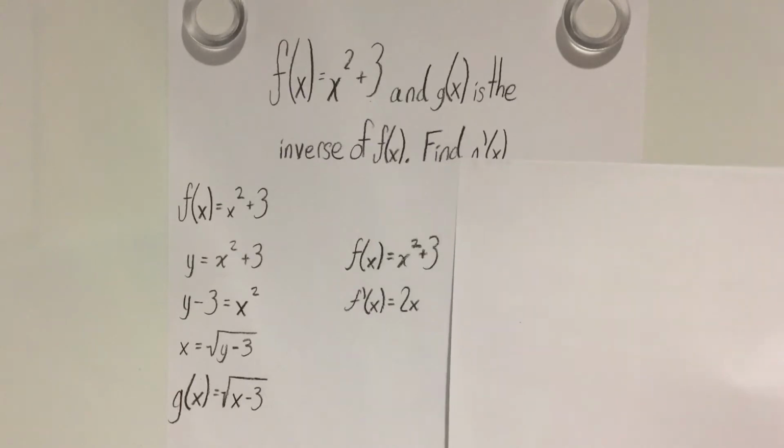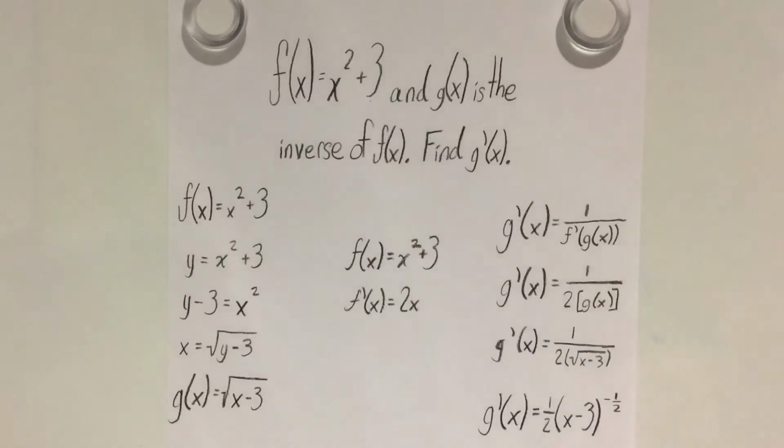The next step is to find the derivative of f of x. The derivative of f of x is 2x. Finally, use the equation g prime of x equals 1 over f prime of g of x.